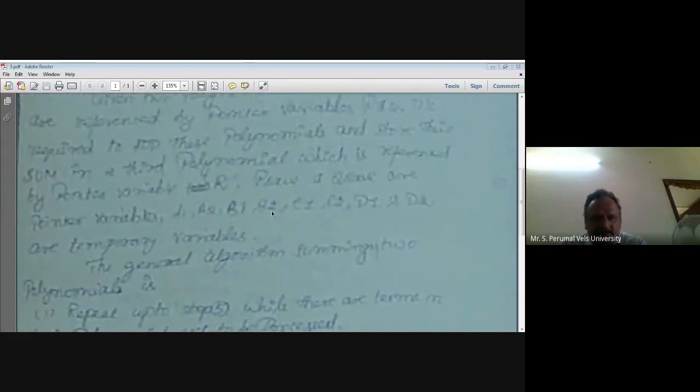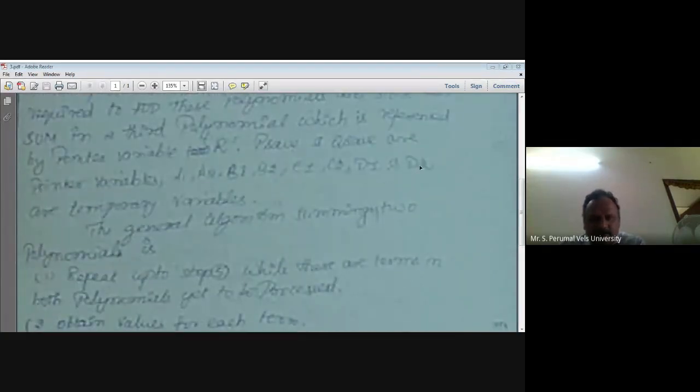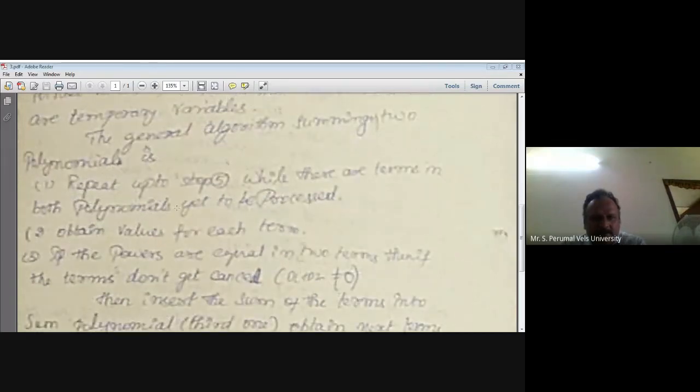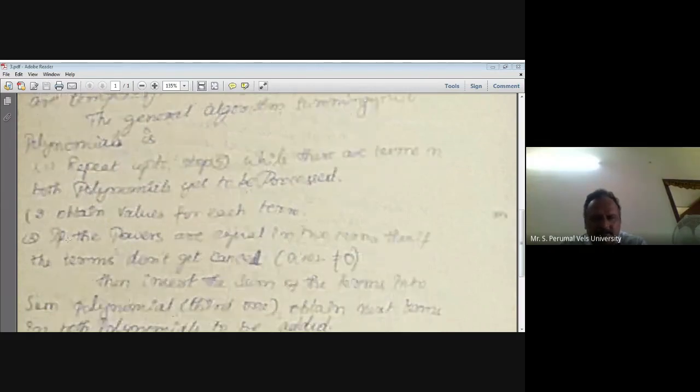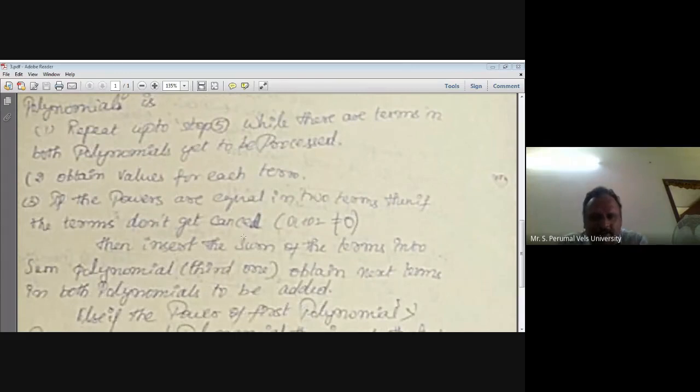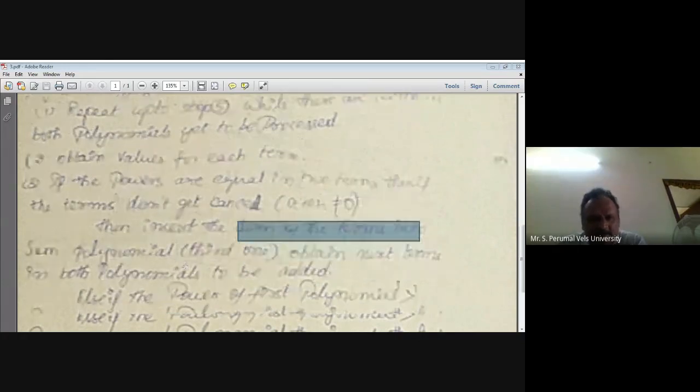So A1, A2, B1, B2, C1, C2, D1, D2 are the temporary variables. Likewise, we repeat this until all the values are exhausted. If the powers are equal in the two terms and the terms are not cancelled, D1 plus D2 is not equal to zero, then the sum of the terms is inserted in the resultant polynomial.